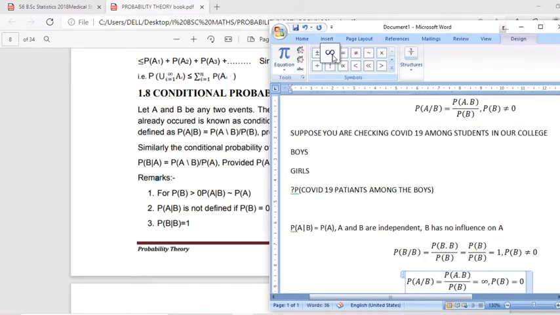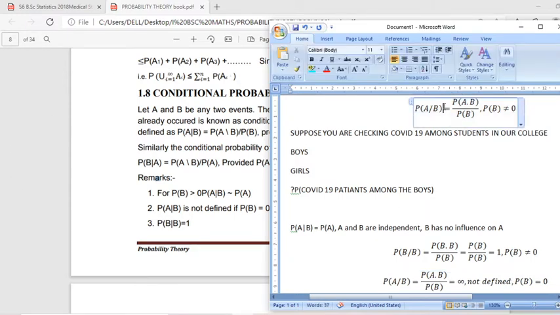This will be infinity, that means not defined. Okay, so these are the three properties of this conditional probability. So the definition of conditional probability is this one.